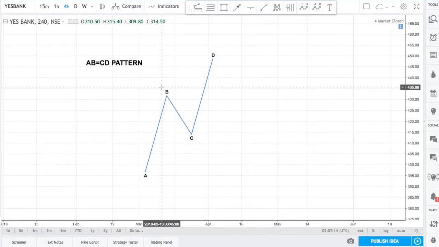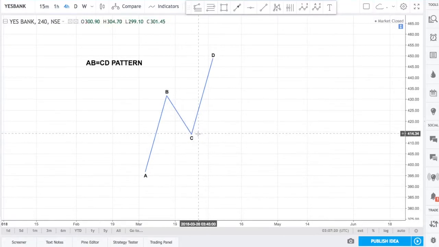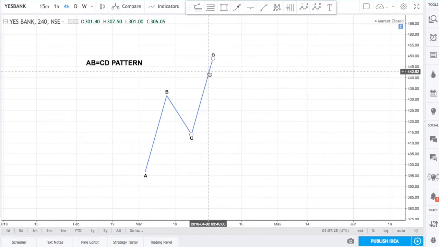This selling pressure pushes the price down till point C. From point C, renewed buying interest pushes the price higher till our D point, giving us our CD leg.